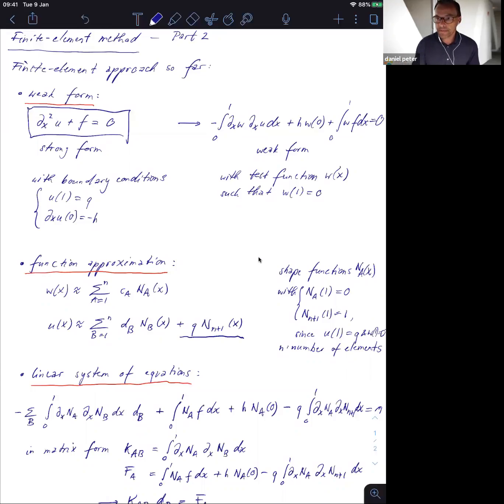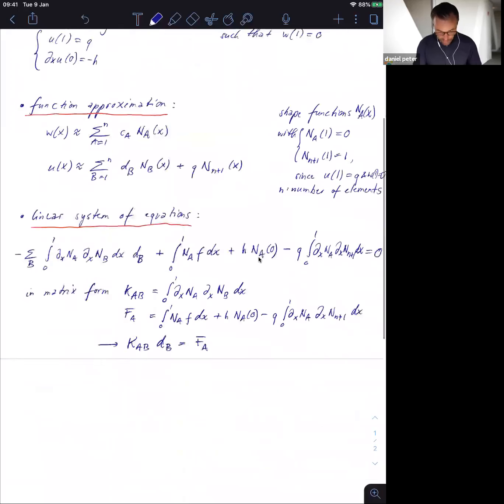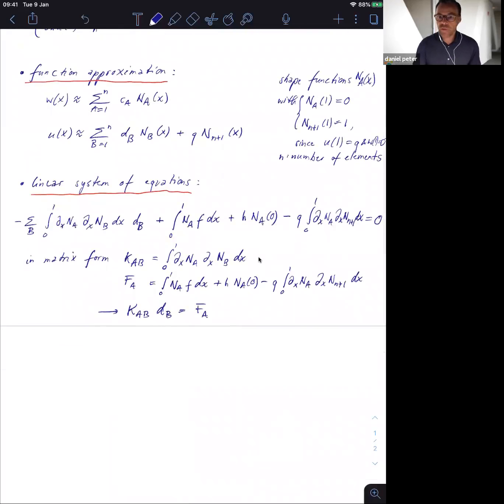You fix that degree of freedom. But we write the function approximation this way, and then we can make sure that the Dirichlet boundary is considered correctly. And then you put this into the weak form, and out comes the linear system of equations.